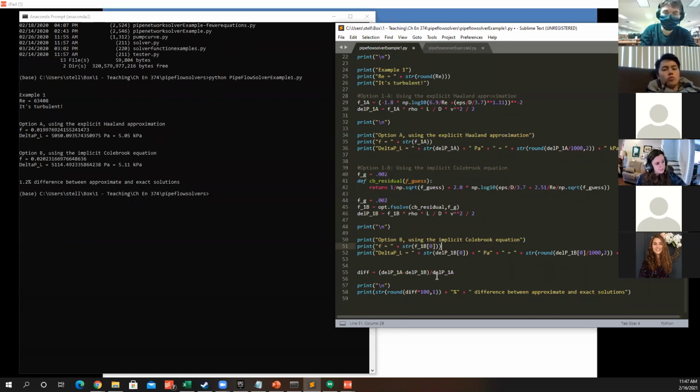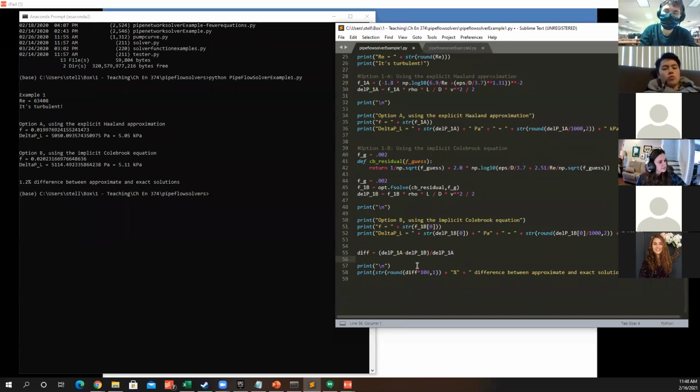I use Anaconda. As you can see, there's about a 1.2% difference between the approximate and the exact solutions. Remember, I said it would be around 2% or lower, so this goes with that. In this case, we found a pressure drop of about 5.05 kilopascals with the Holland or 5.11 with the Colebrook.